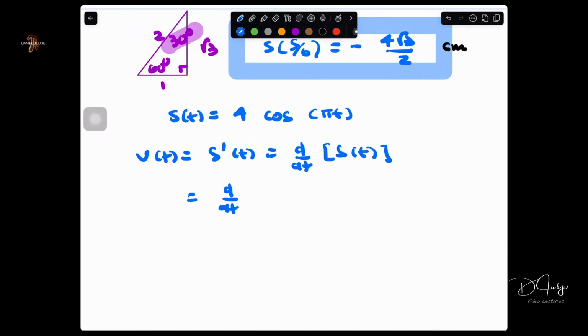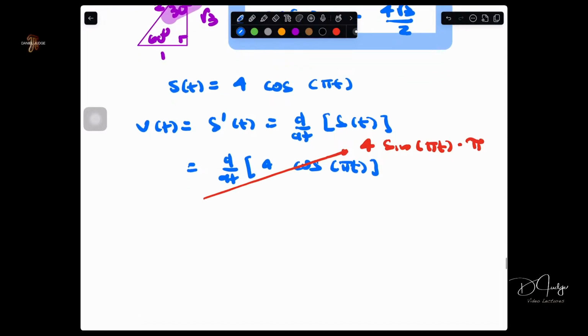So we're going to differentiate. For cosine pi t, you get negative sine pi t, and don't forget to multiply by pi because you're using the chain rule here. So this is negative 4 pi sine pi t. Here's our velocity function.